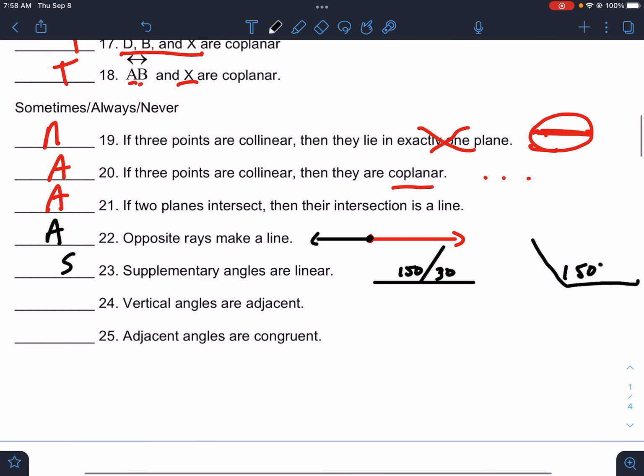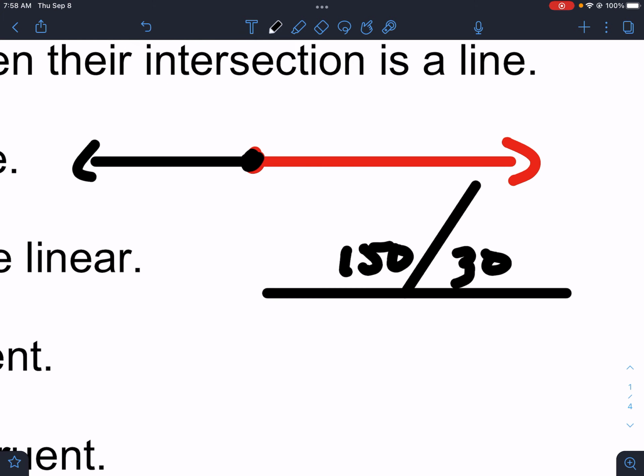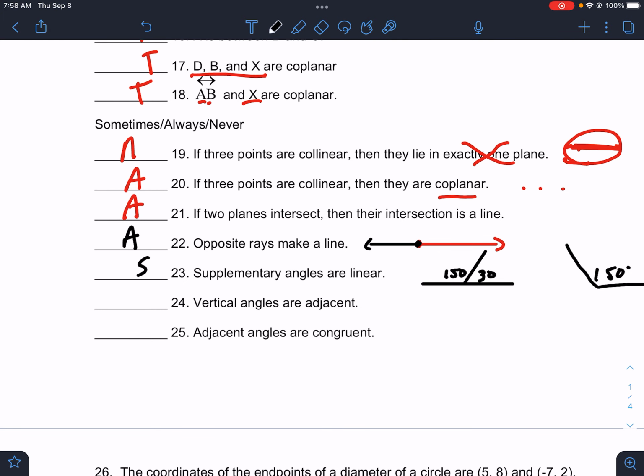Now flip the order of that. If I said a linear pair must be supplementary, yes. Linear pairs have to form a line. Lines have to be 180 degrees. So do linear pairs have to be supplementary? Always, yes. Do supplementary angles have to make a line? No. The only thing supplementary angles have to do is add up to 180. 2 angles, 180. That's it.